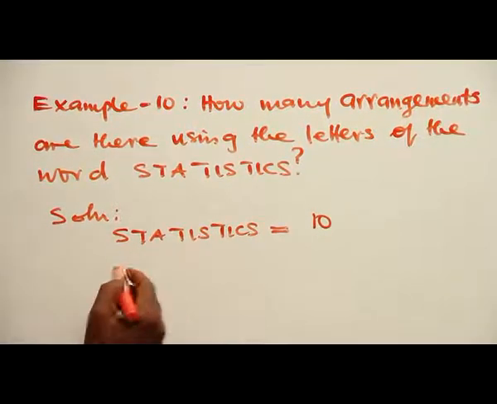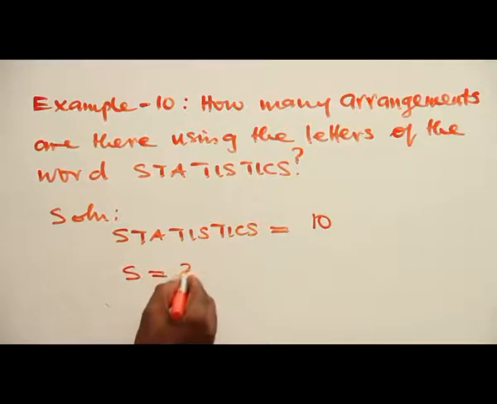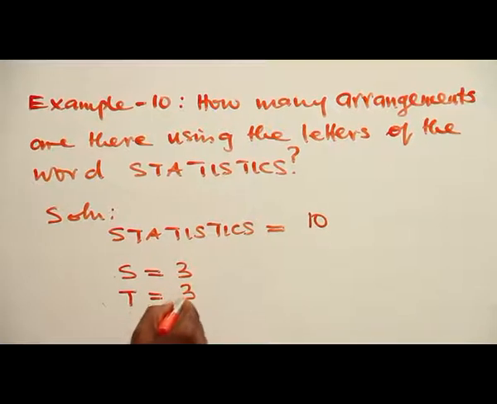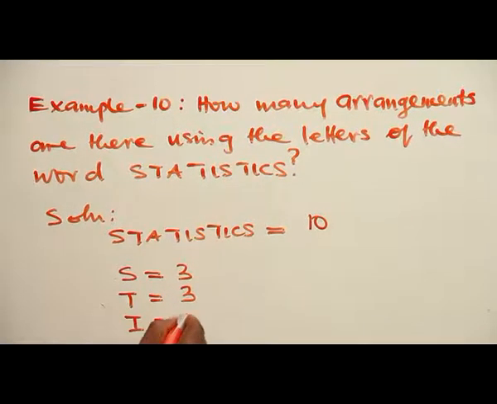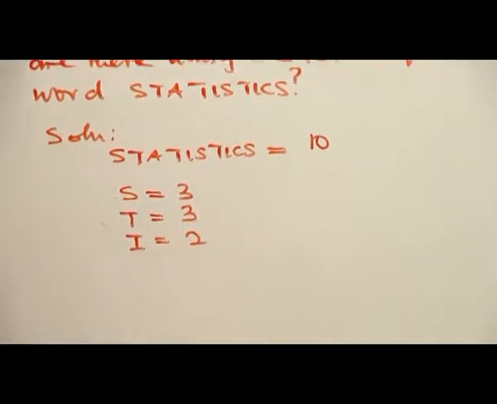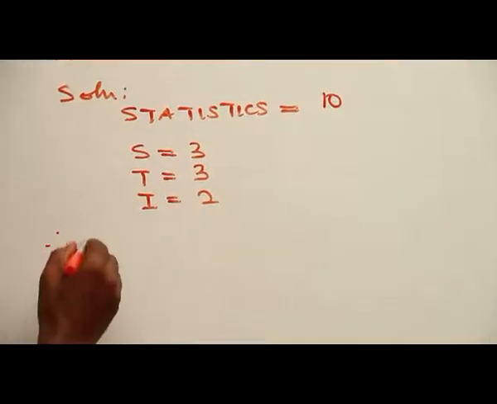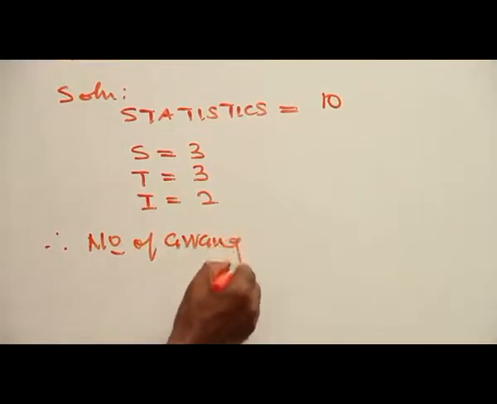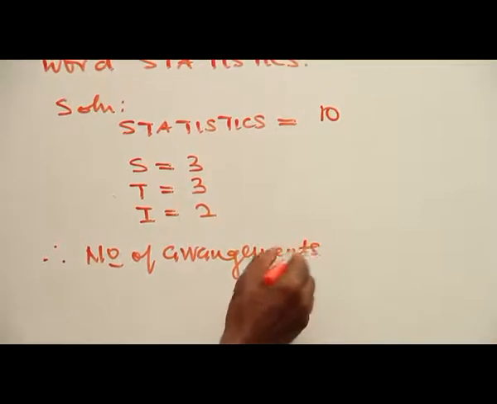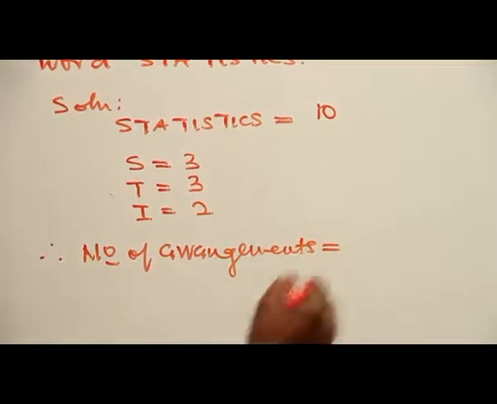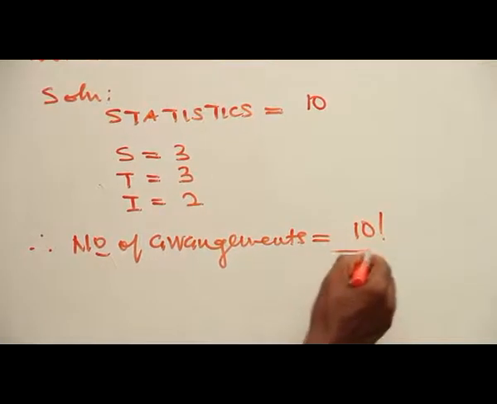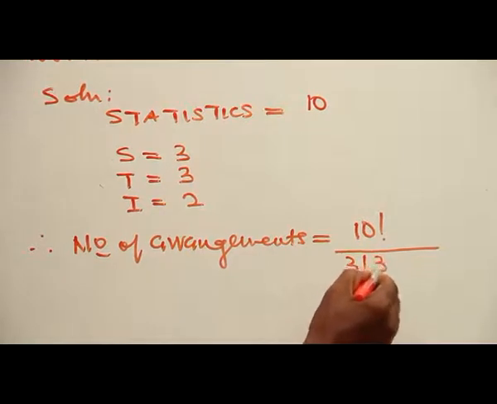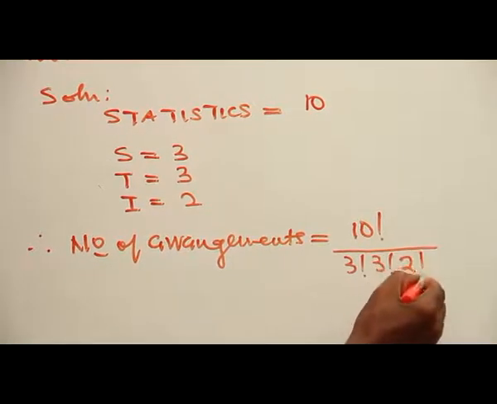In this word statistics, our S is 3, our T is 3, our I is repeated twice. Therefore, the number of arrangements will be equal to 10 factorial all over 3 factorial, 3 factorial, and 2 factorial.